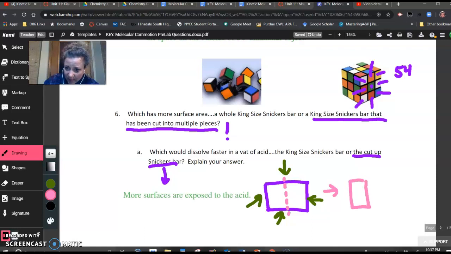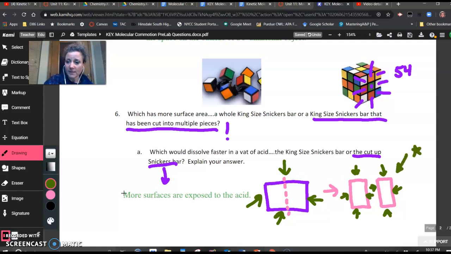So now we have two smaller squares, and now we have 1, 2, 3, 4, 5, 6, 7, 8 different surfaces that are exposed to the acid. And so my smaller pieces are going to dissolve faster in the acid than my larger chunk would, because we have increased the surface area of that candy bar.